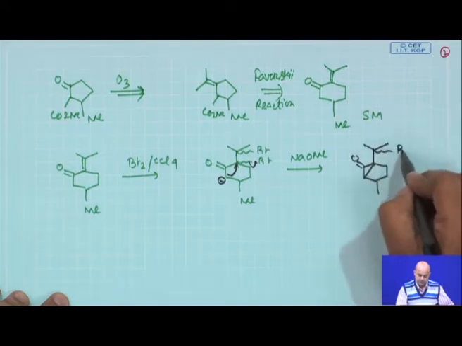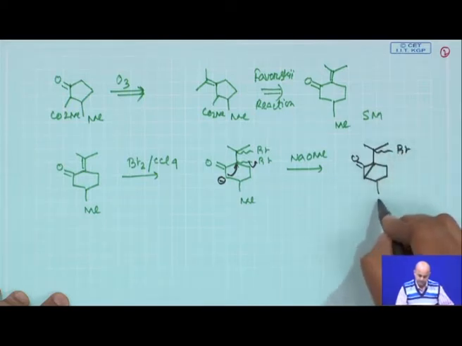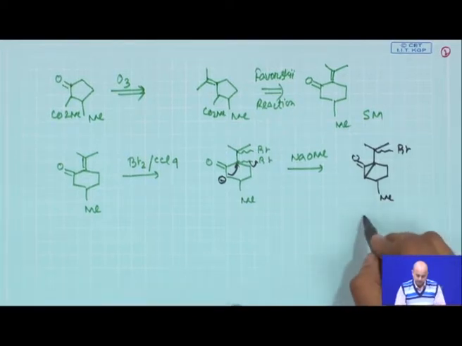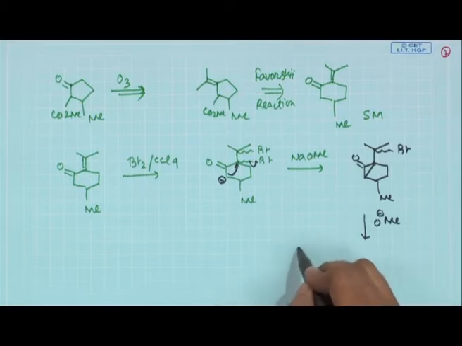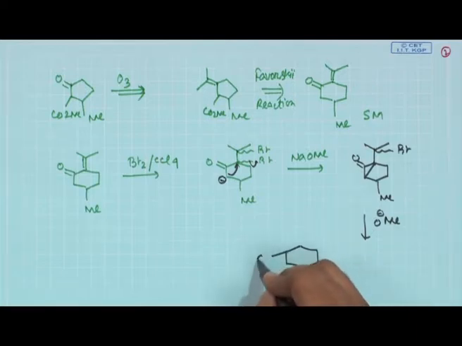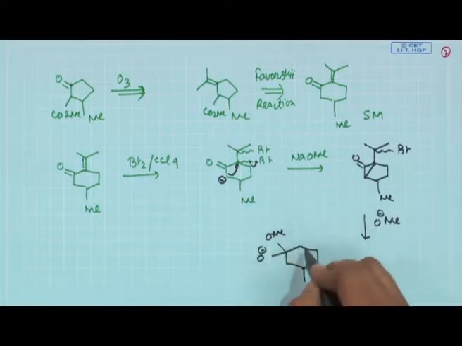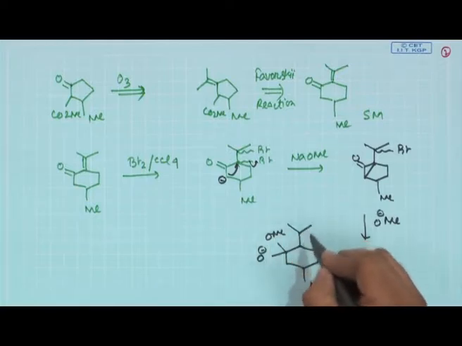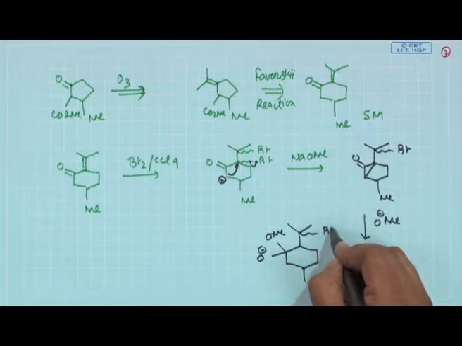We are having this Br here, this is the methyl. Now, see, your OMe is already there, which acts as a nucleophile, and then you will basically get an O minus, OMe, and then this Br is there.